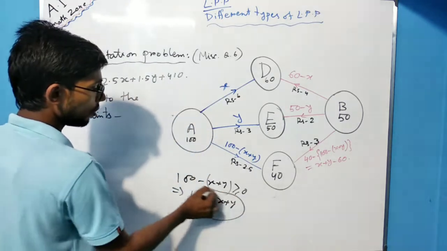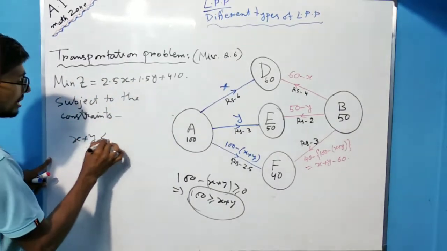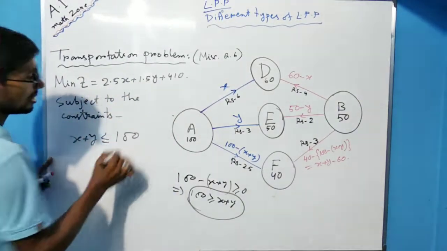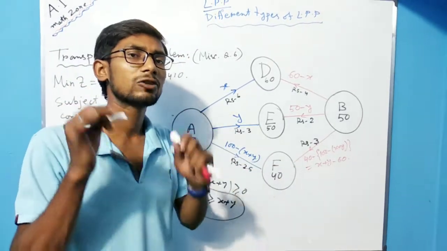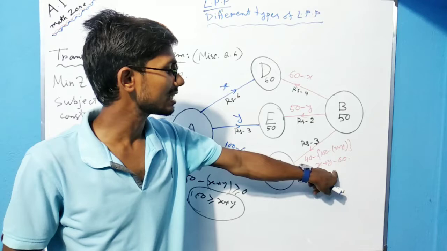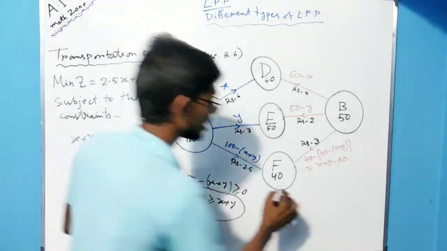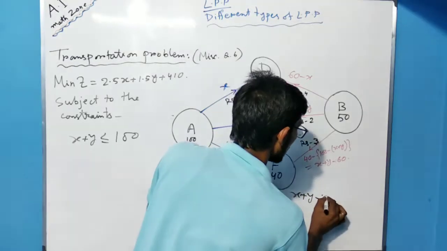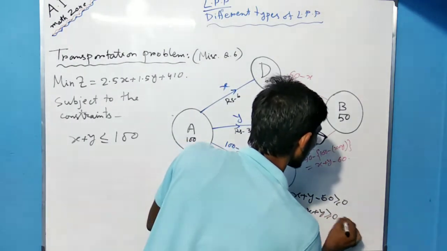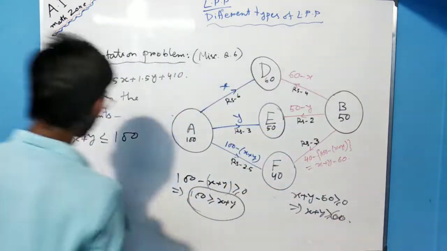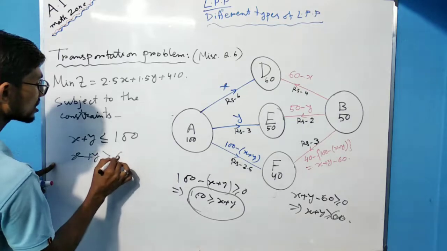So this is one of the constraints, right? So x plus y is less or equals to 100. Next, see here, this amount also is greater equals to 0. So if we do this, greater equals to 0, then we will get x plus y minus 60 is greater equals to 0, which implies that x plus y is greater equals to 60, right? So x plus y is greater equals to 60.